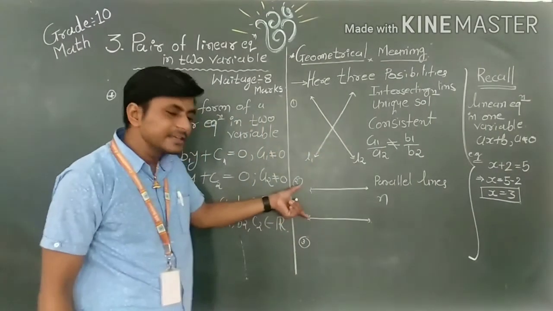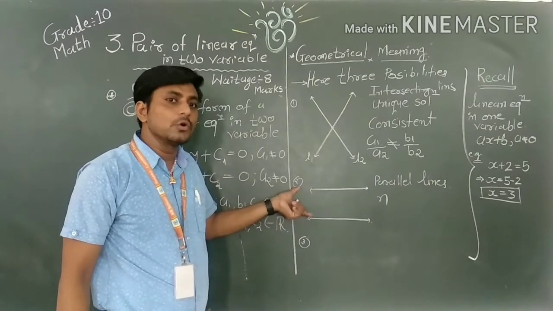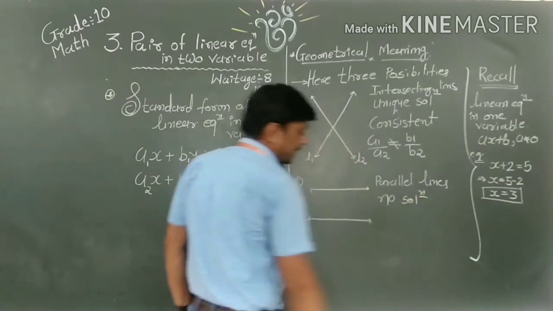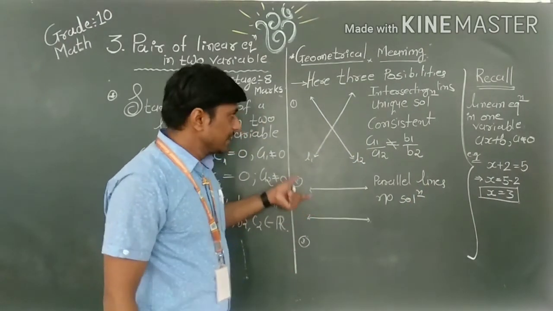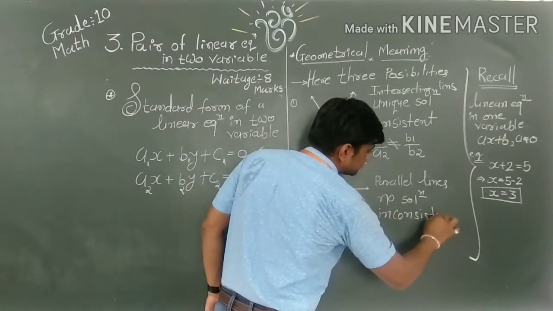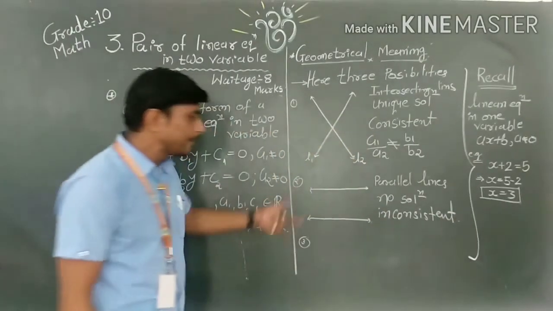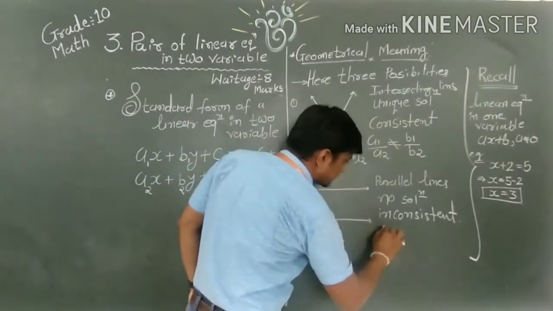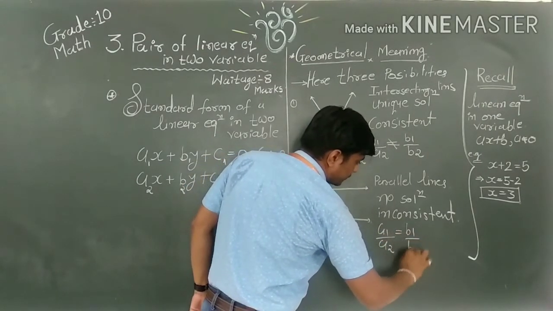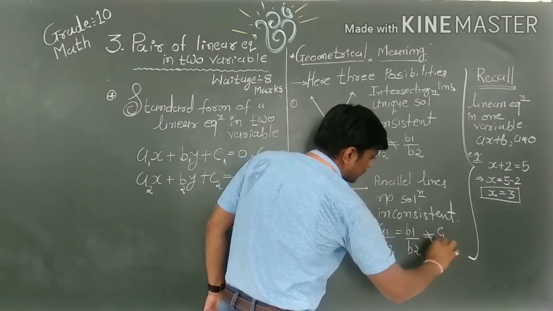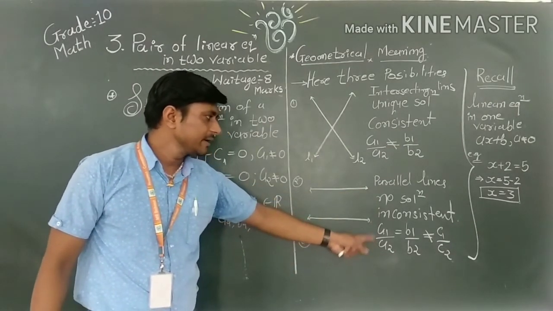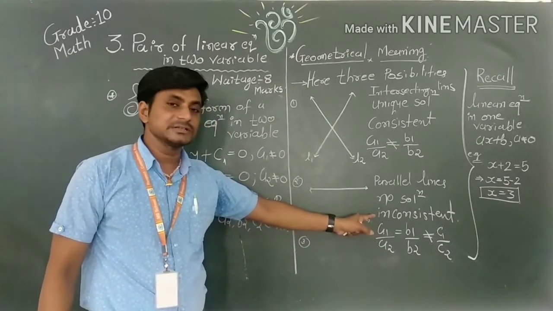The two lines have no common point, therefore no solution, which means inconsistent. And what is the condition for parallel lines? The condition is that a1 upon a2 is equal to b1 upon b2 but is not equal to c1 upon c2. This is the condition of parallel lines, no solution, and inconsistent.